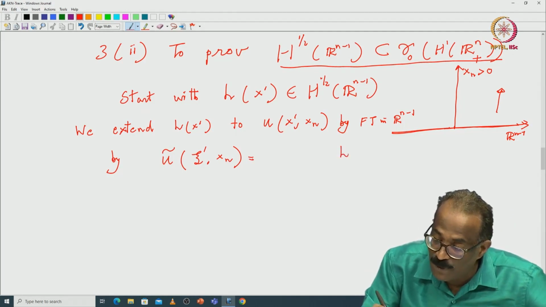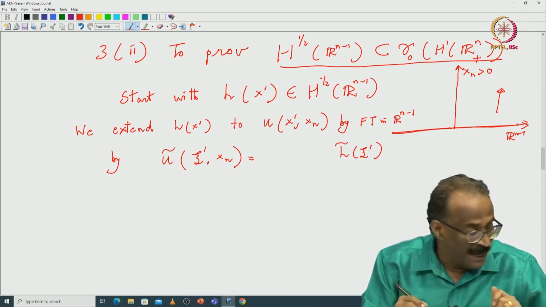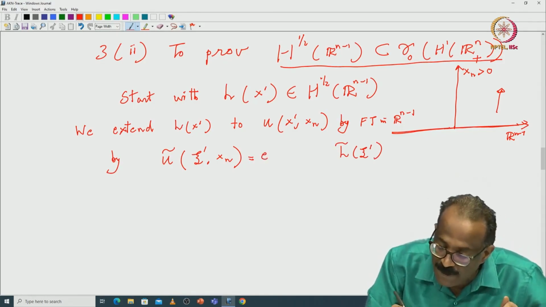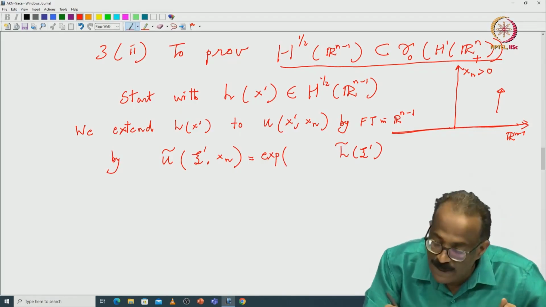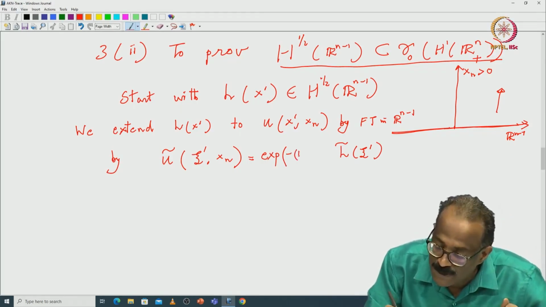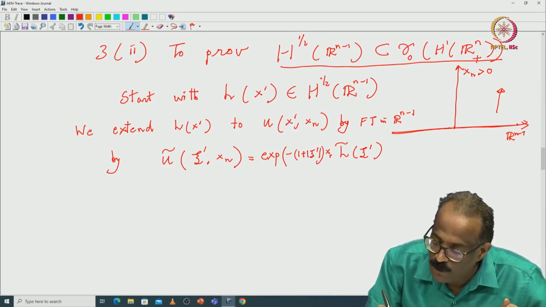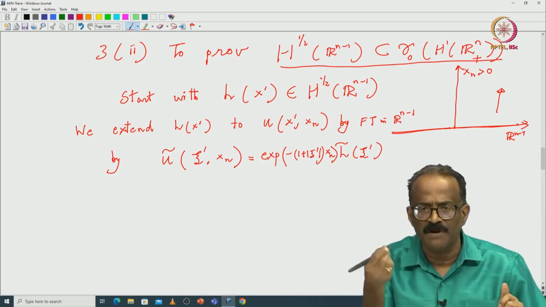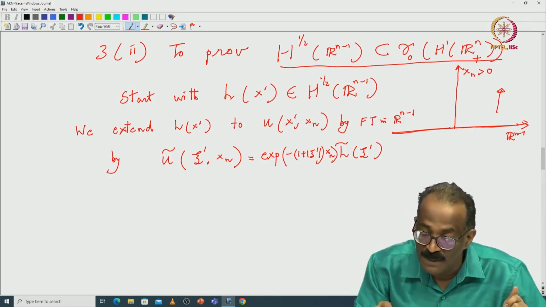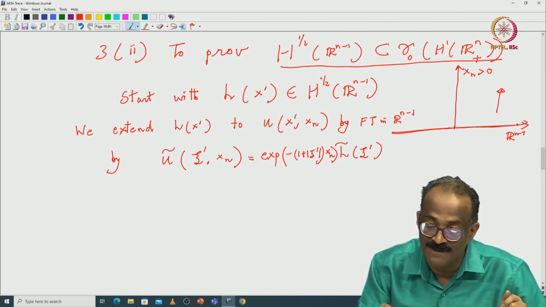It should be, at the boundary, h tilde, and at this stage I put a very nice exponential function so that it will change very smoothly, involving 1 plus mod psi' times x_n. This may not be the only way, because there will be different extensions, but if you put x_n equal to 0, this term vanishes.